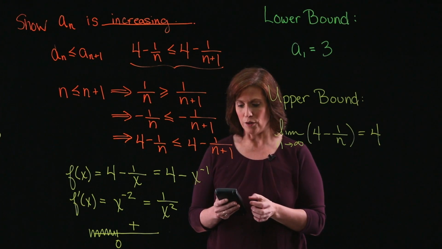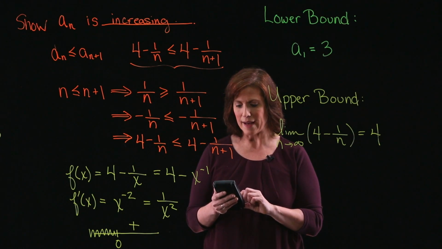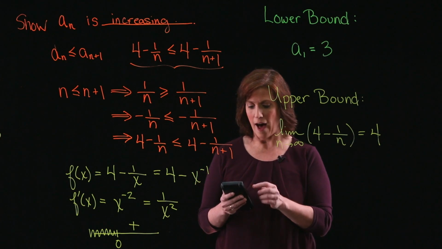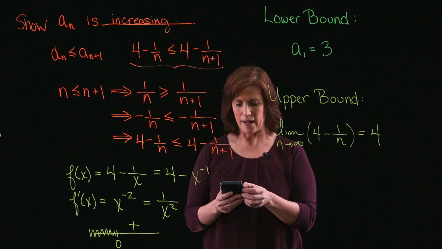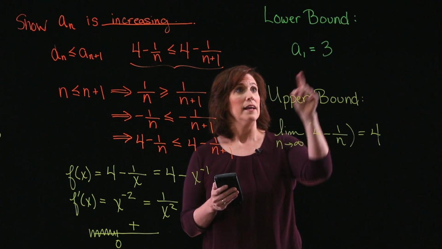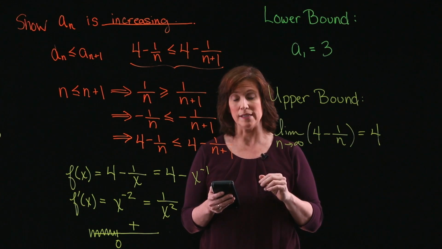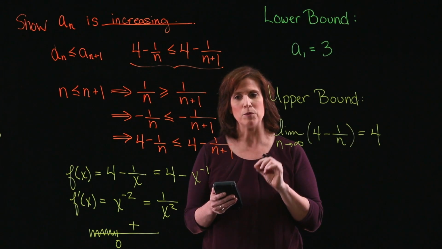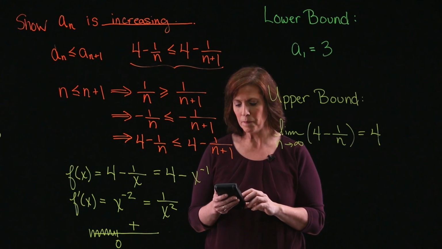So a nice window to use would be on the x-axis going from 1 to 10, and on the y-axis going from 0 to 5. And if you take a look at the graph of your function, you will see that you have a curve that has a lower bound of 3 and an upper bound of 4 and is strictly increasing. Again, remember, you're only looking at the particular data points, not really the entire function.